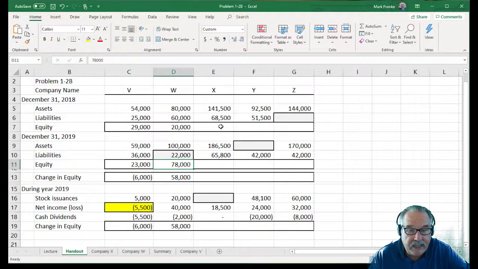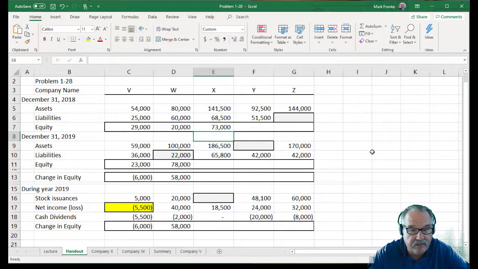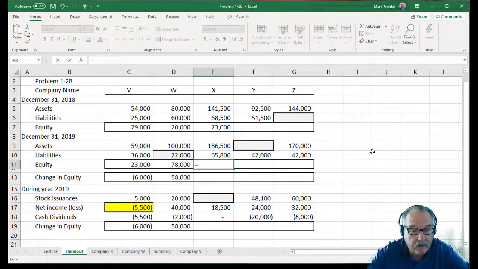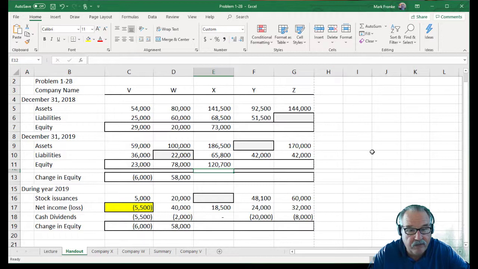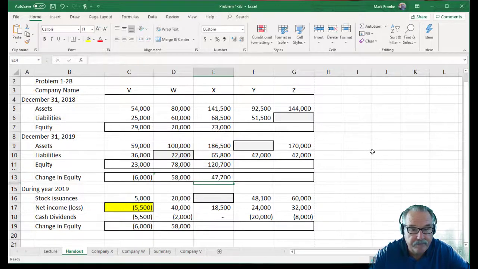For company X, beginning equity is assets minus liabilities, that's $73,000. Ending equity is $186,500 minus $65,800, which means that equity went up $47,700.